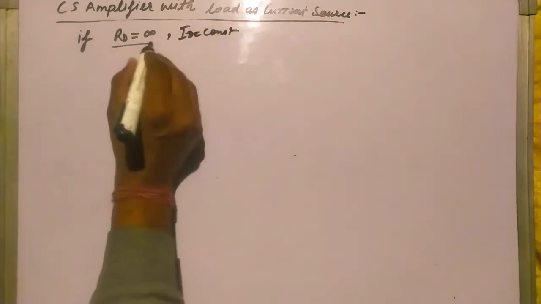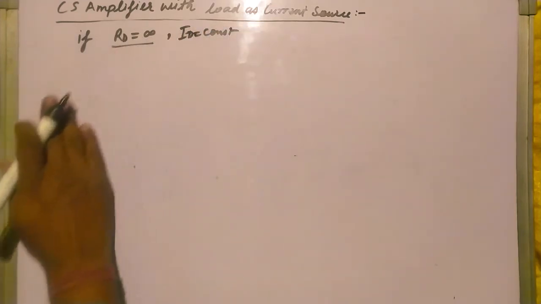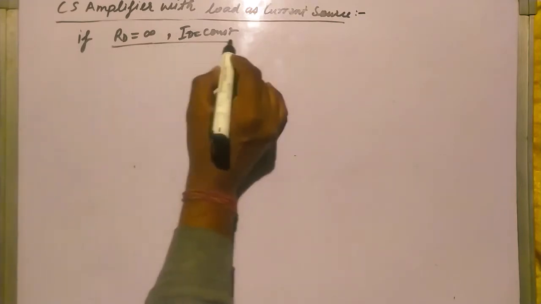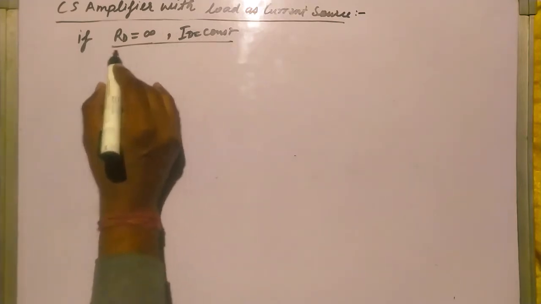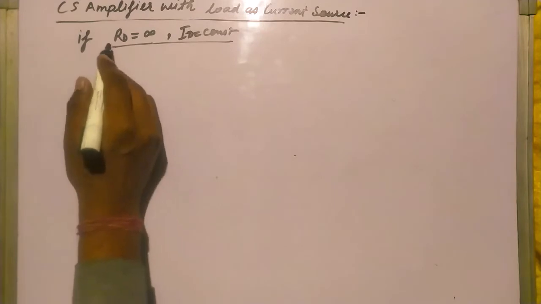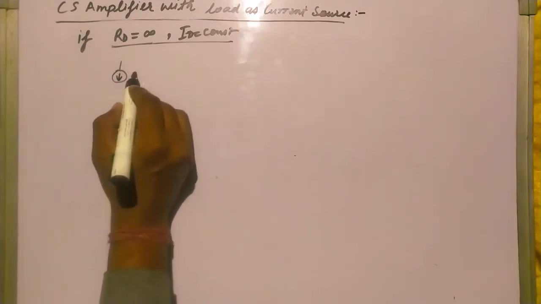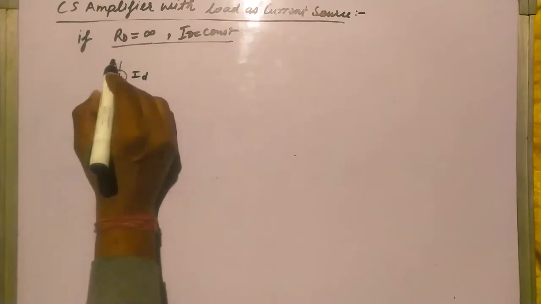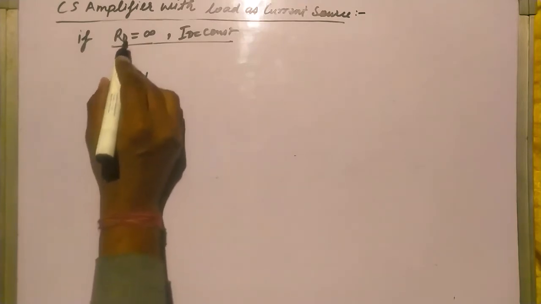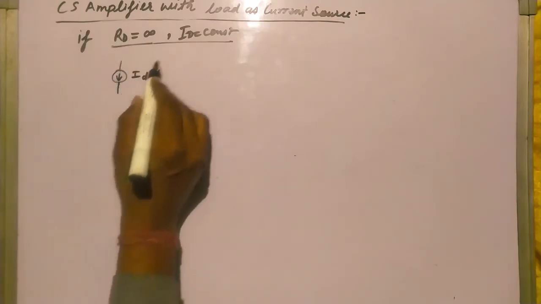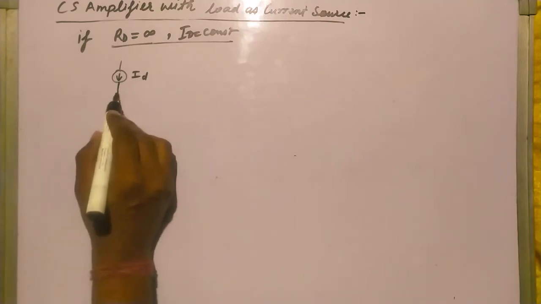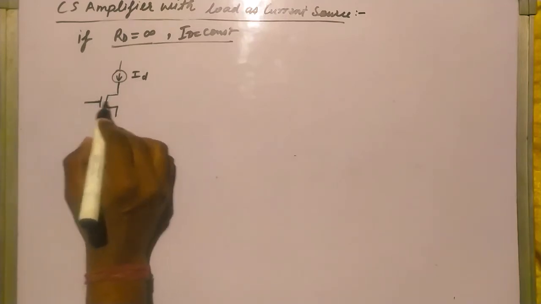Since we need RD equal to infinite, how can we get such a thing? By using an ideal current source, right? An ideal current source ID I am using. This will give infinite resistance and a constant current. So let's make the full configuration.